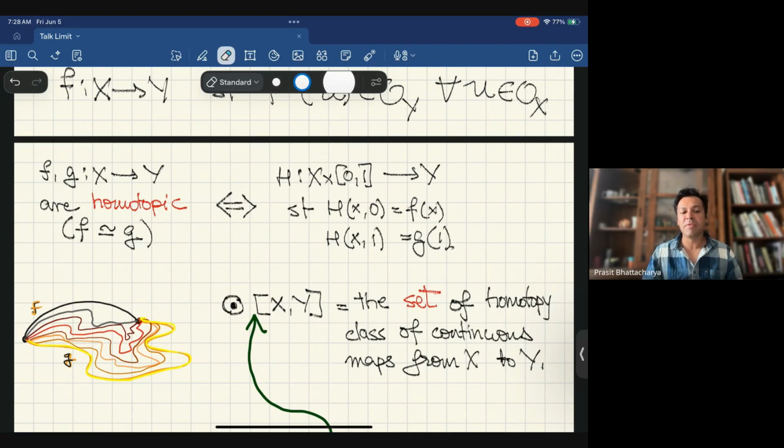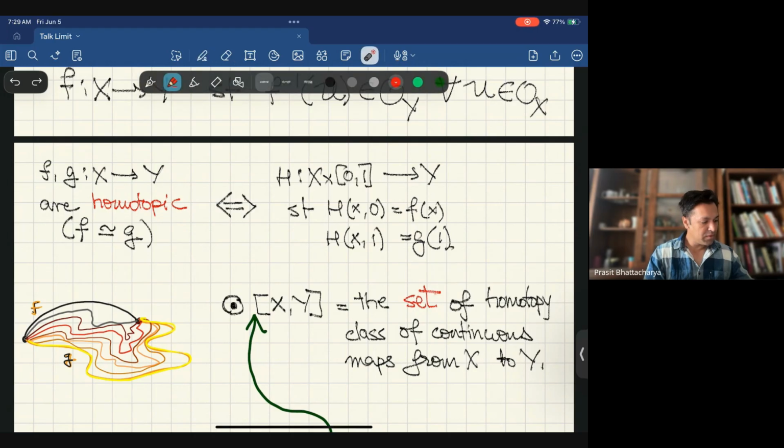It's a little bit of relaxation, but then you have a smaller collection to worry about.